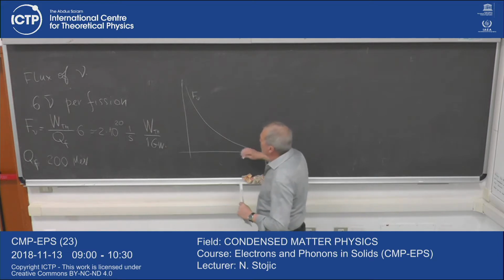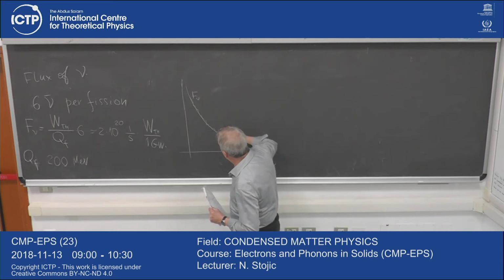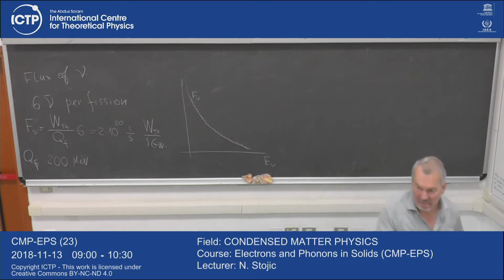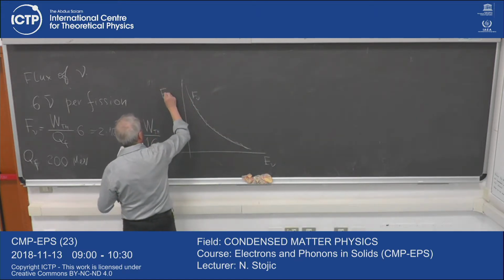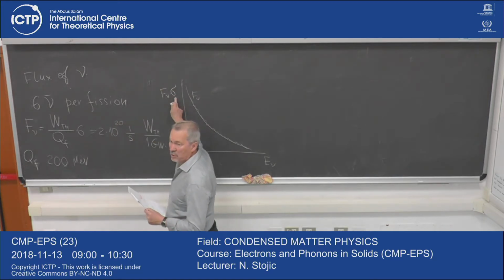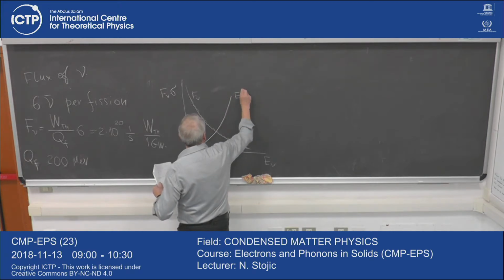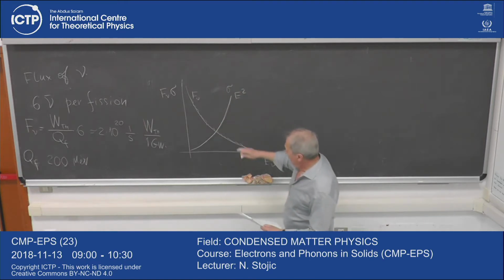But this is actually not a smooth curve. You have a very complicated structure here, which is related to the summation of beta spectra from many isotopes. Now, what you usually see is the product of the flux of neutrinos multiplied by the cross-section. This is what you are interested in because you want to compute the number of events. And as you remember, we computed the cross-section. It has an energy-squared dependence.